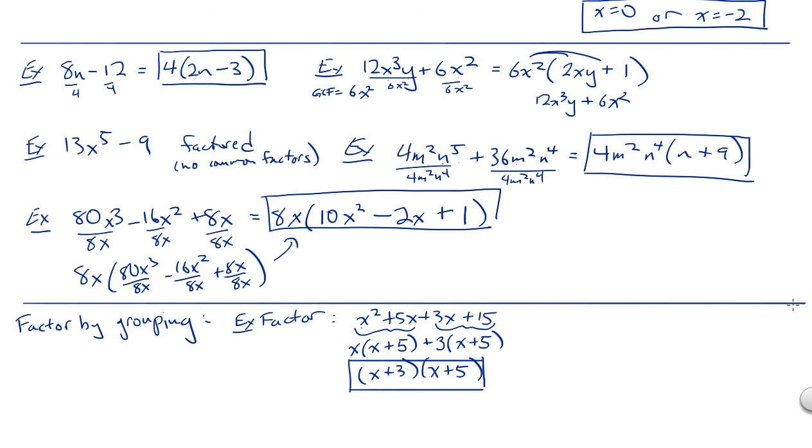Okay, so let's look at one more example. We're going to factor 21x cubed minus 3x squared y plus 7xy minus y squared.